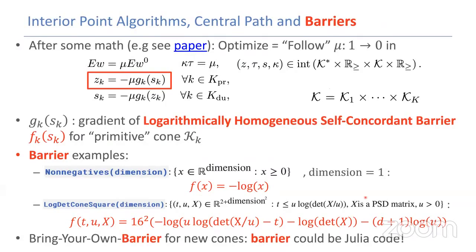The key for interior point algorithms for conic optimization to work well is in part the strong theory of barriers for conic optimization. I mentioned the homogeneous self-dual embedding, but basically one of the keys is, if you pick your primal dual pair, after some transformations, you can deduce that solving the optimization problem is equivalent to following a dynamical system that's described over here.